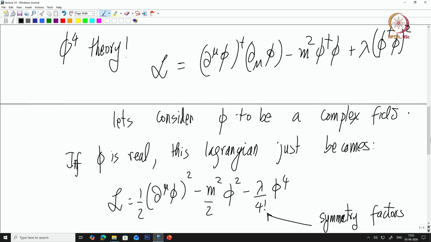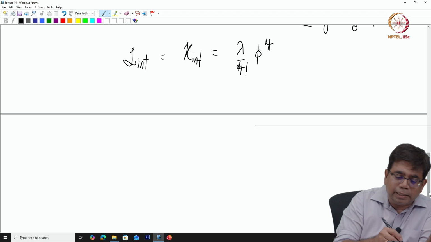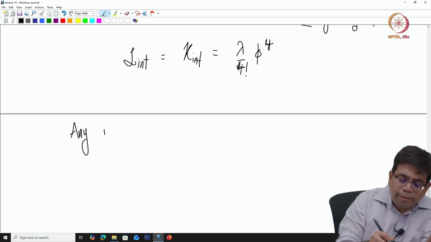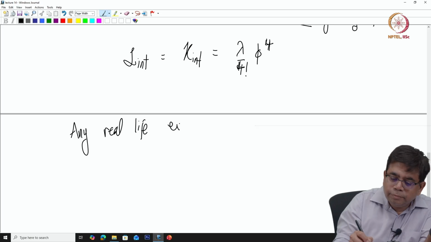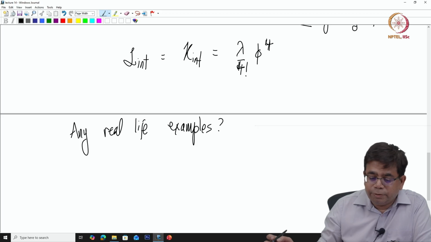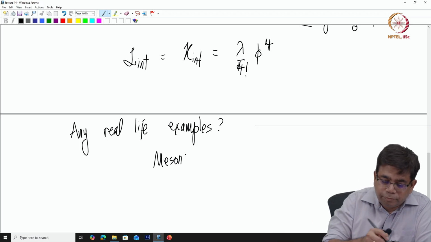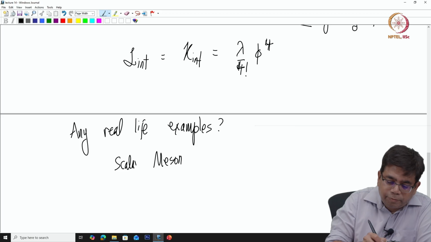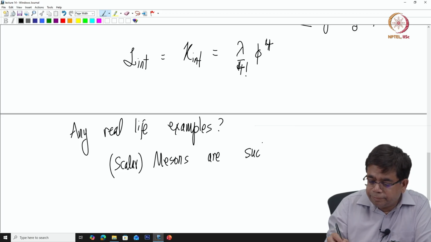What are the spin 0 particles which we know? Are there any real life examples? So, yes, there are examples essentially. The scalar mesons are such examples.